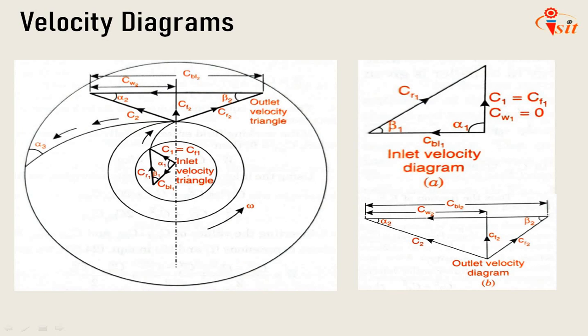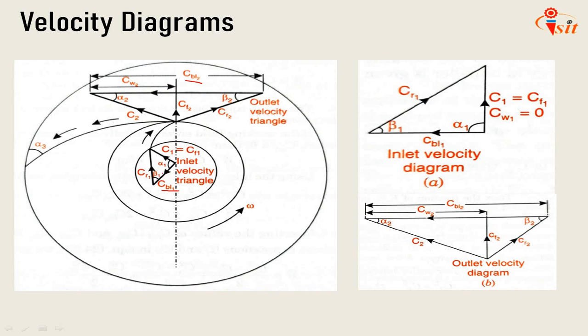Before the velocity diagram, we need to assume some parameters. Here CBL1 is the mean blade velocity at entrance. We know that air enters at the eye of the impeller, so from here itself, CBL1 means mean blade velocity at entrance. Similarly, CBL2 is mean blade velocity at exit.